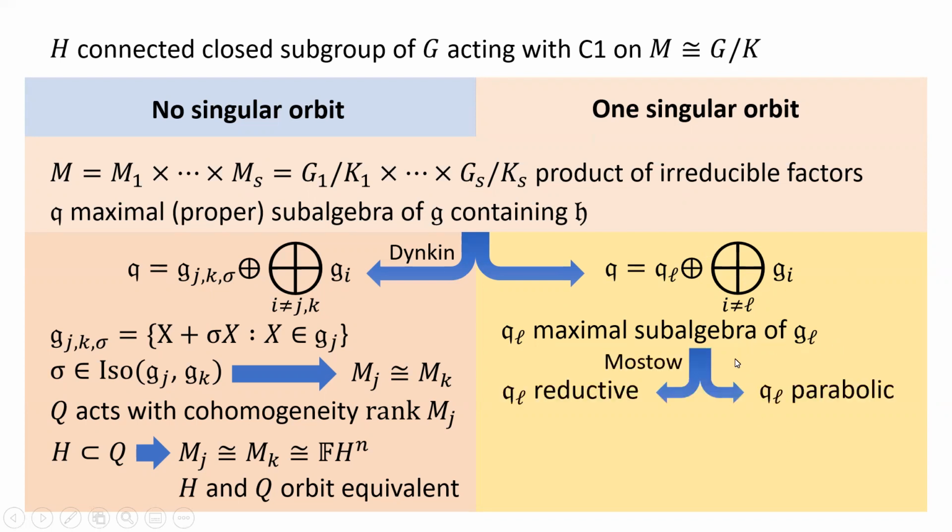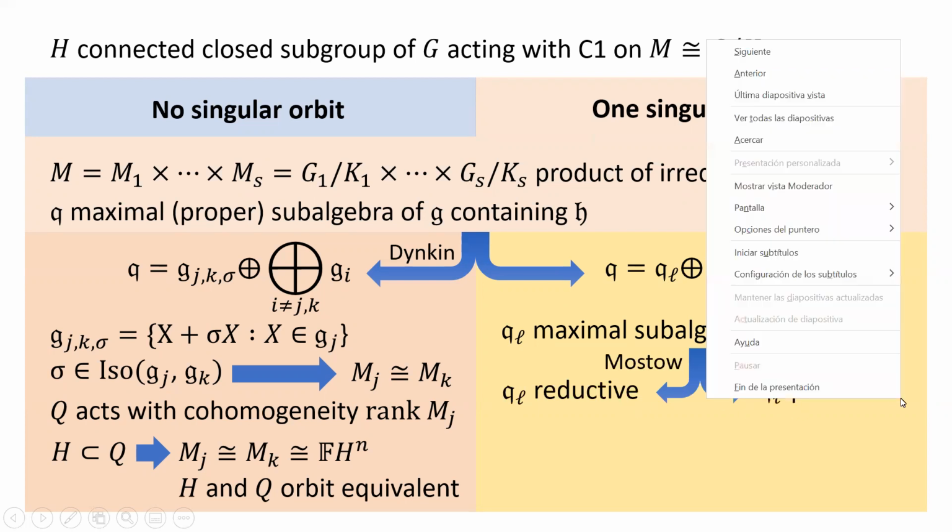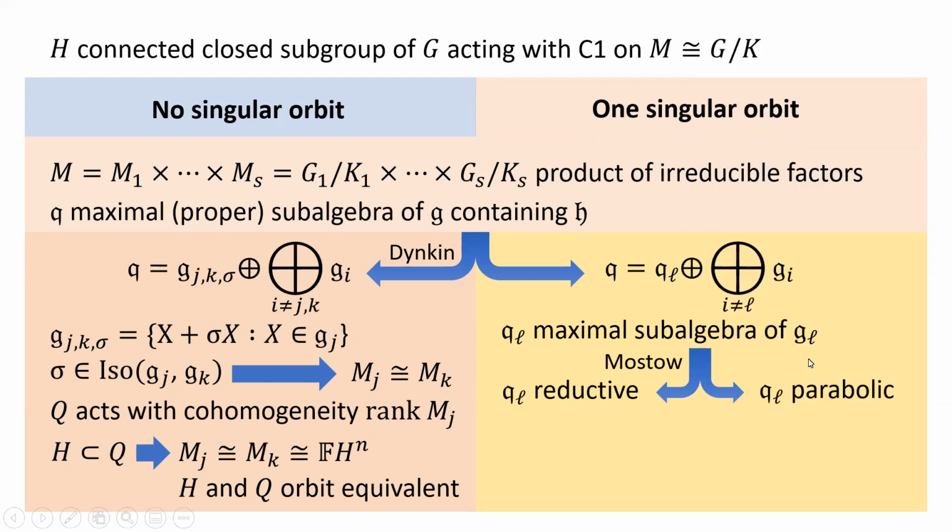Now, by a result of Mostow, this QL is either a maximal reductive subalgebra or a maximal parabolic subalgebra of GL. Okay. So here, by reductive, I not only mean that it is abelian plus semisimple. I mean something stronger than this. It is a maximal algebraic reductive subalgebra.